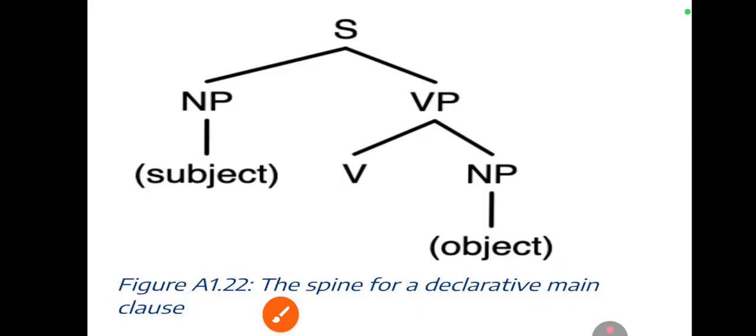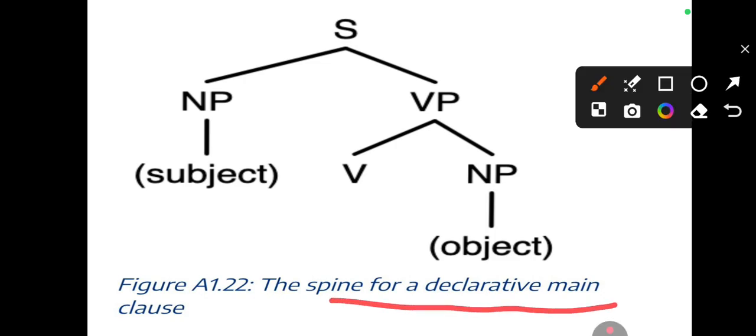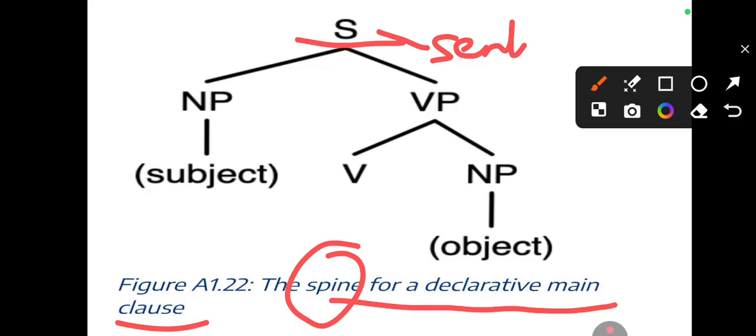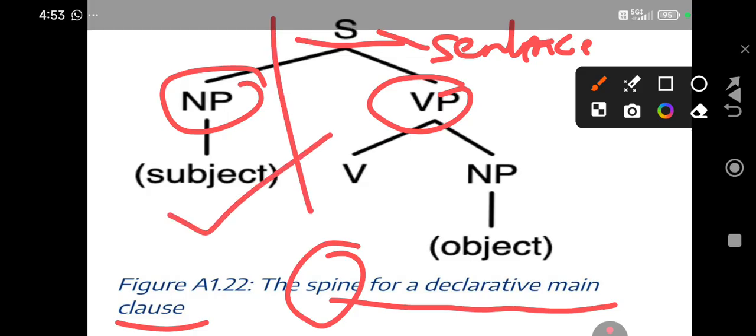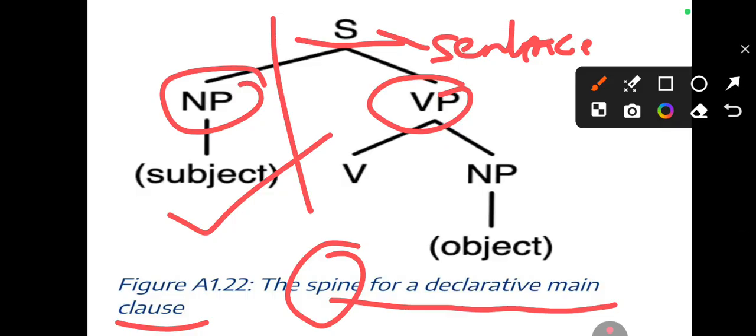So how to make a spine for a declarative main clause, because a main clause can stand alone. So this is main clause. This is just a spine, or just the idea, that first we have to write S for sentence, right? Then noun phrase, and this is verb phrase, right? Noun phrase means we have to cover the subject, and the verb phrase may have the main verb and another noun phrase.